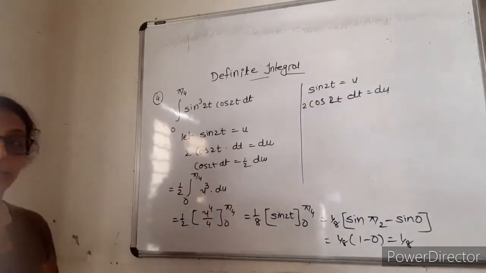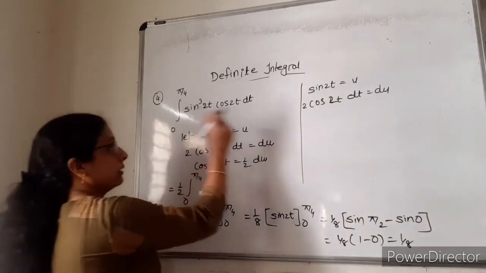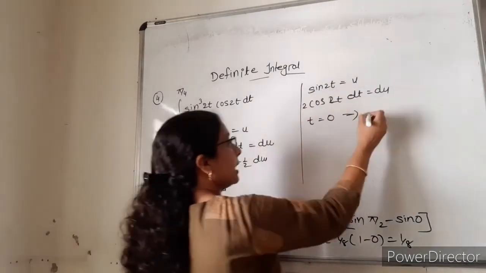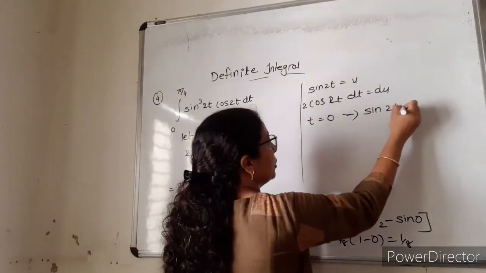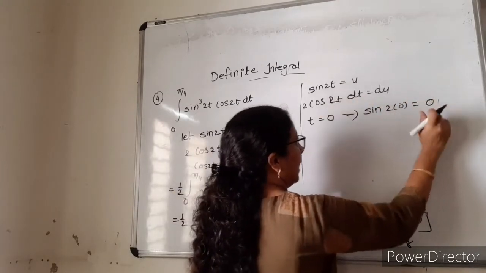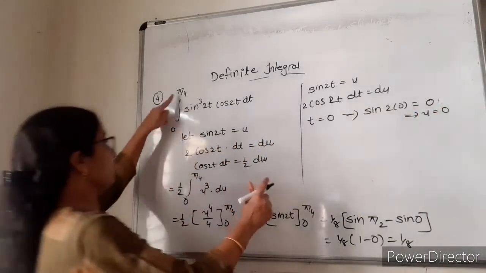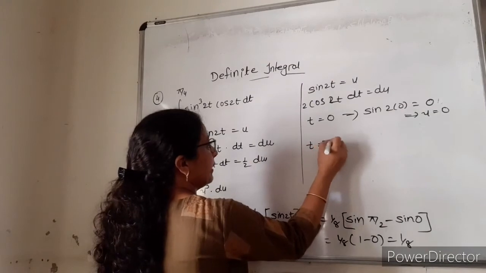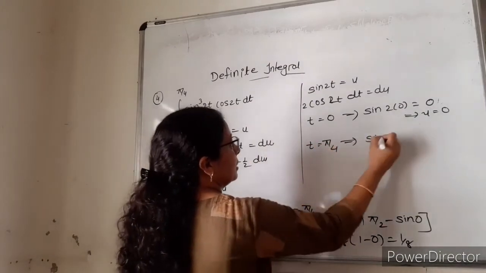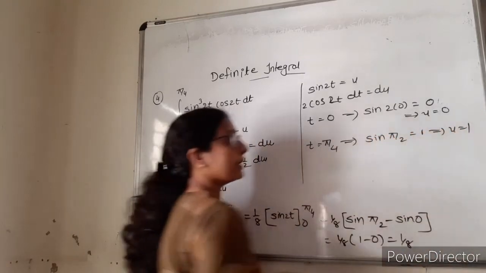So first of all, when t is 0, sin 2 into 0 is sin 0, which is 0, implies u is equal to 0. Now t is equal to pi by 4, so sin pi by 2 is 1, implies u equal to 1.